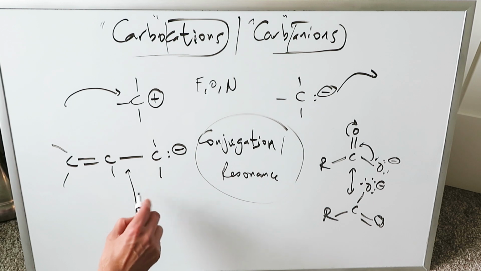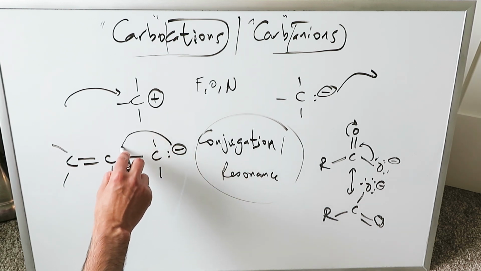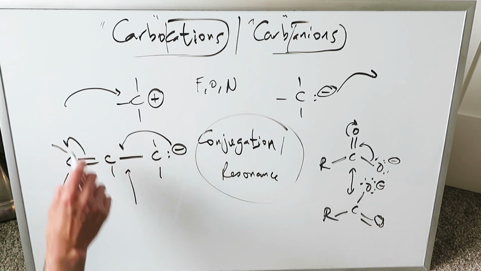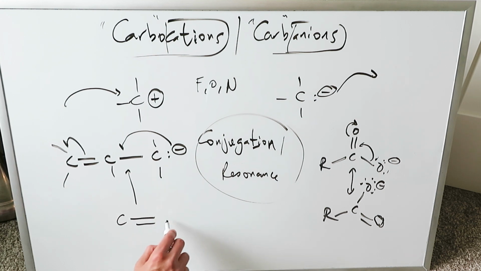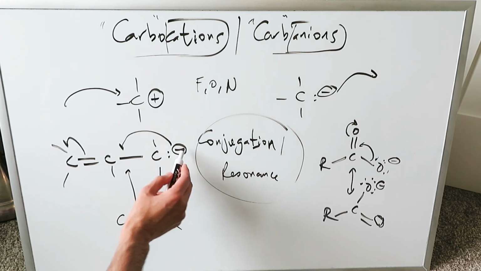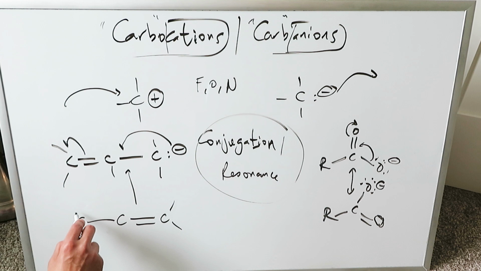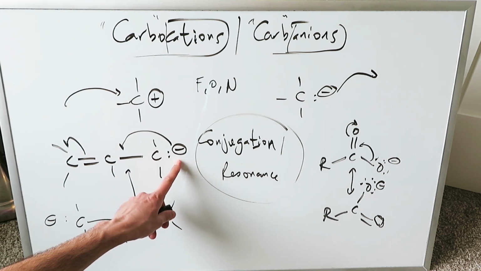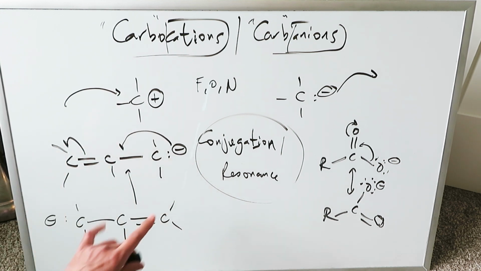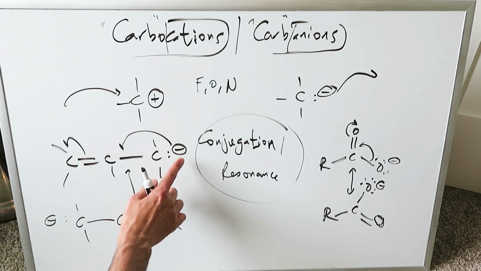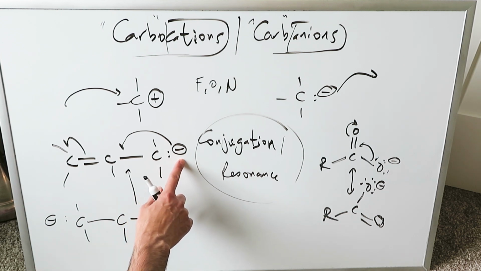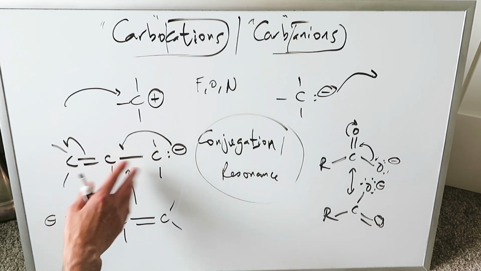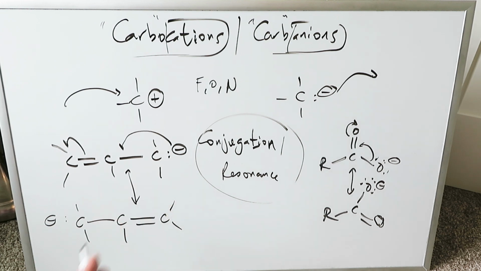You will have this negative charge come over here, and then you will have a transfer of that negative charge to the opposing side of this compound. Here's your negative charge, and there it is. You see how it was on one side, now it's ended up on the other side by means of this electron shuffling. You are delocalizing, or you are spreading this negative charge over the compound, hence you have resonance structures.